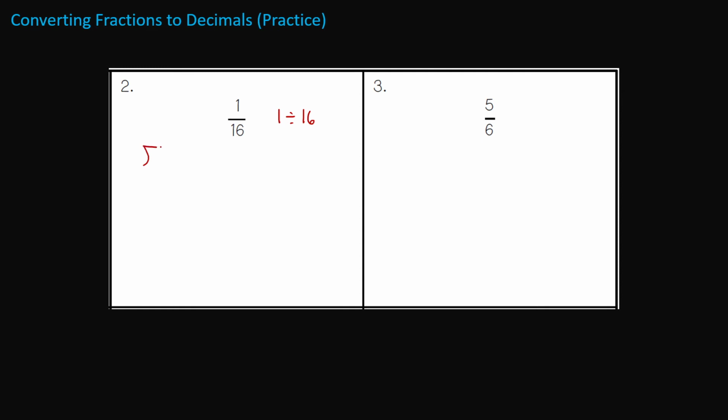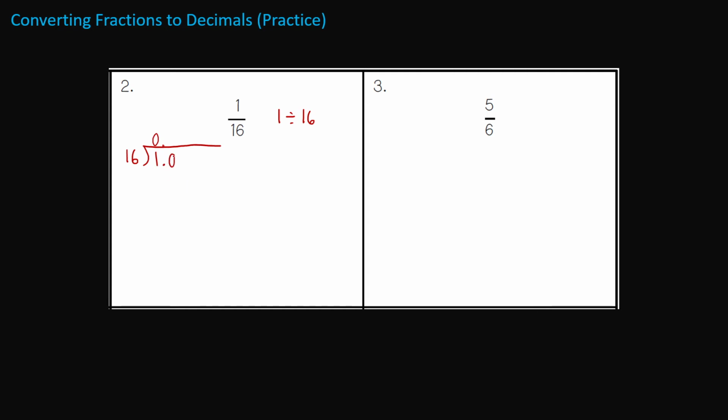So here we are, 1 divided by 16, and we're going to have to use some long division skills here. Now 16 cannot go into 1, so I'm going to add a decimal inside my dividing box. And I'm also going to line up my answer section with that same decimal, because I know 16 does not go into 1.